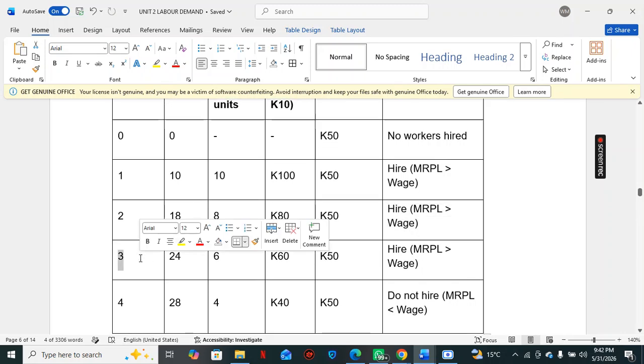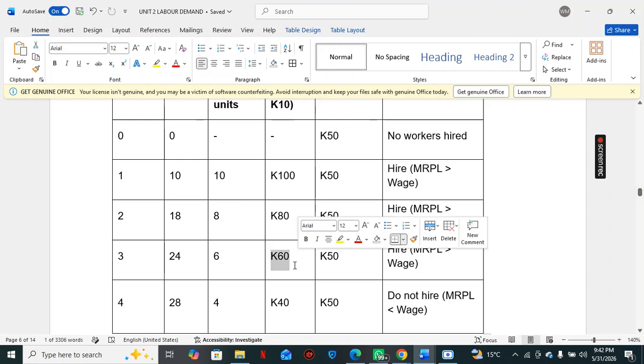You bring in the third worker. Total output is 24 units. They're bringing an extra output of 6 units, 24 minus 18. The extra revenue they bring, 6 extra units times 10 kwacha, is an extra 60 kwacha.